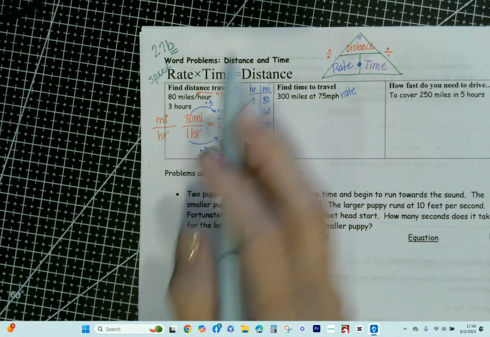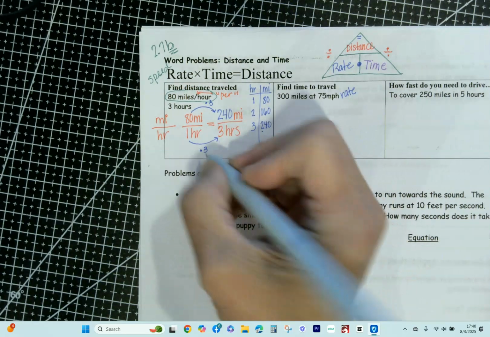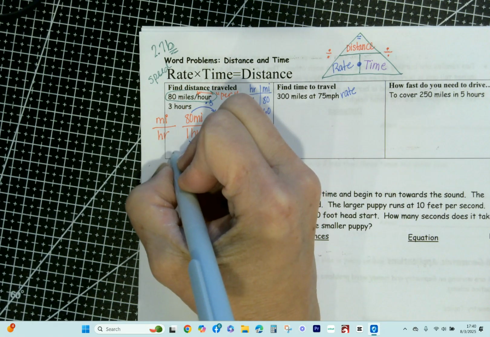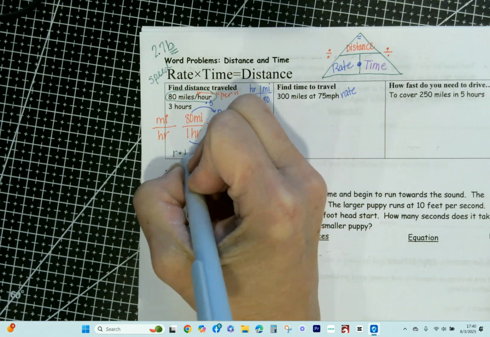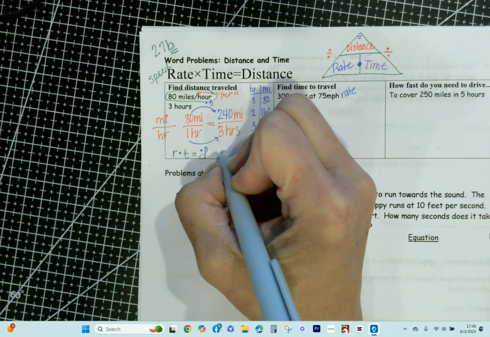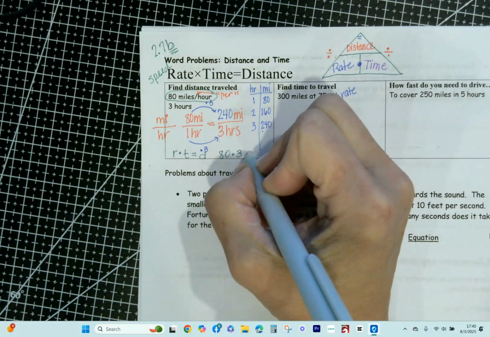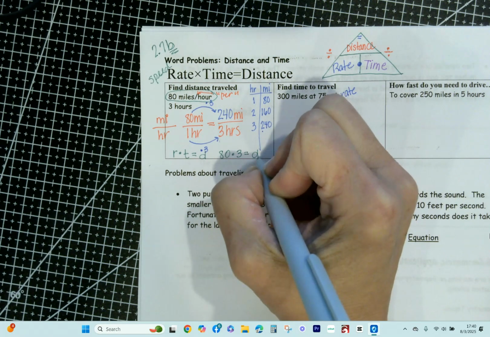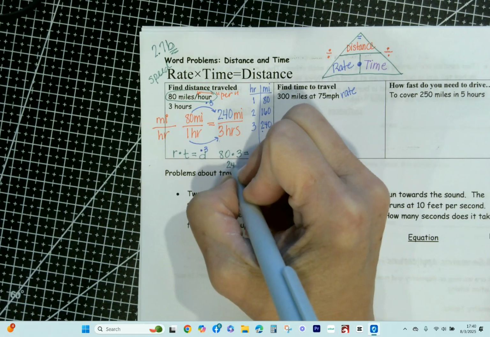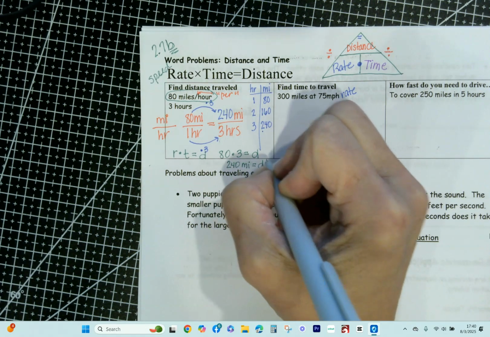It says 80 miles per hour. That is your rate. Okay. So if we did rate multiplied by time equals distance, well, my rate is 80, my time is 3, and my distance, so 240 miles is my distance.